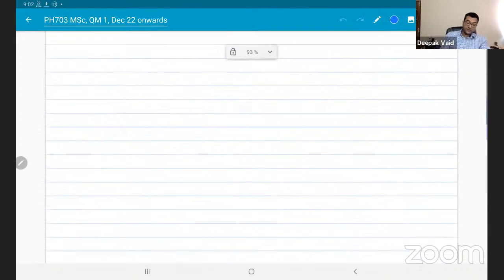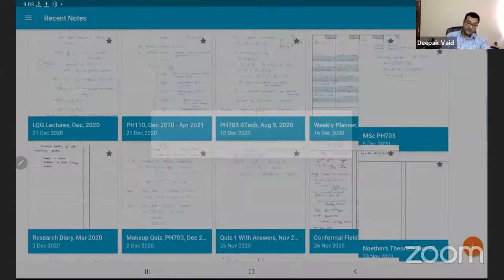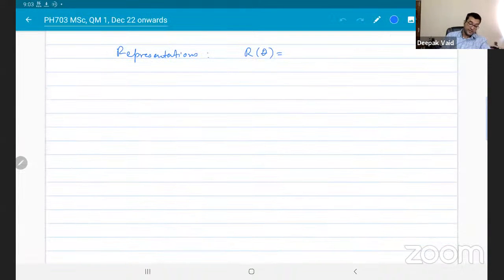We refer to these as representations. If I have a group element R(theta), I can write it in two ways. I can write it as a matrix, or I can write it as a complex number, e to the i theta.